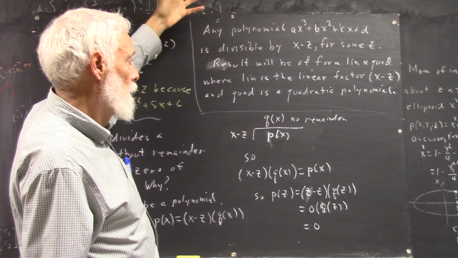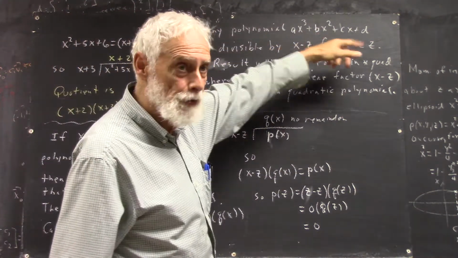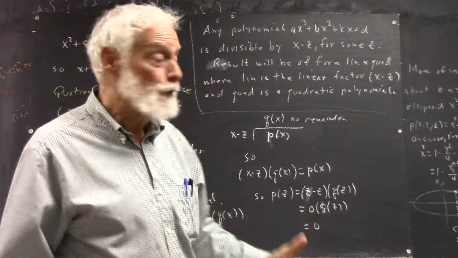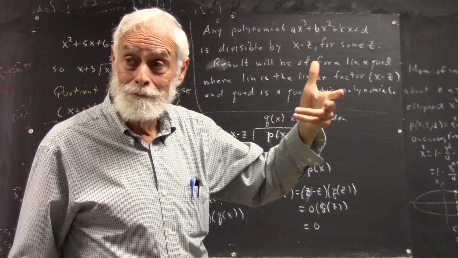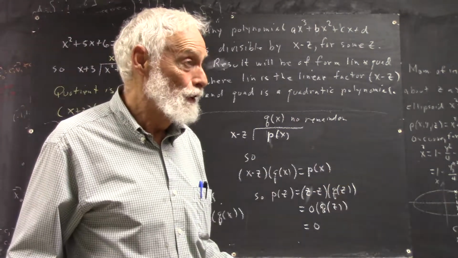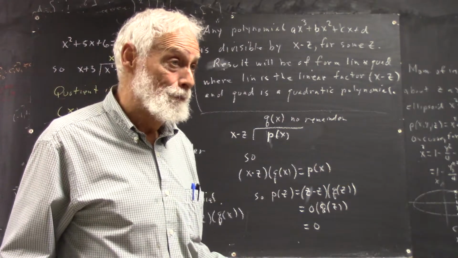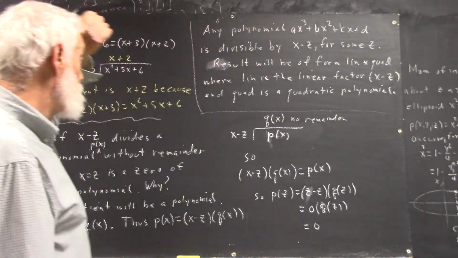So when you divide x minus z into ax cubed, etc., isn't it obvious that your first term is going to be like ax squared? It certainly will be after you've done a couple of long divisions, okay? You're going to have an ax squared, and there are many reasons for that.